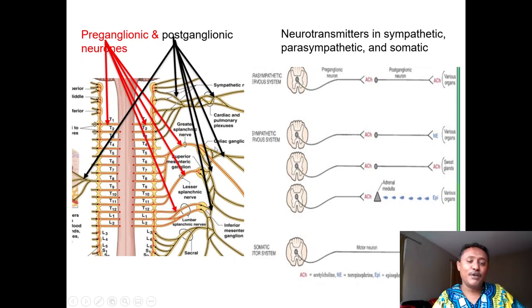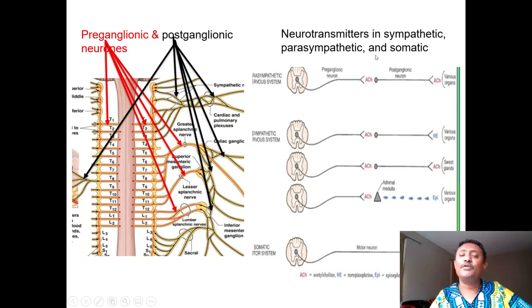In case of the pre-vertebral, they will go all the way. They will bypass the para-vertebral. The preganglionic will go all the way, and then they will synapse with the pre-vertebral ganglia: greater, lesser, and celiac ganglia, and superior mesenteric and inferior mesenteric ganglia.